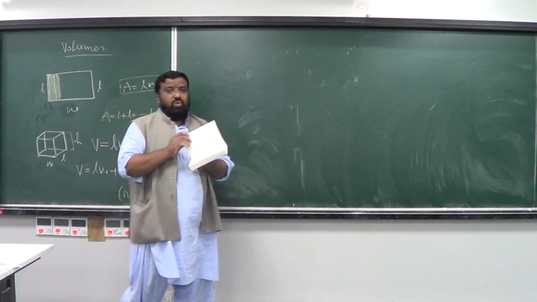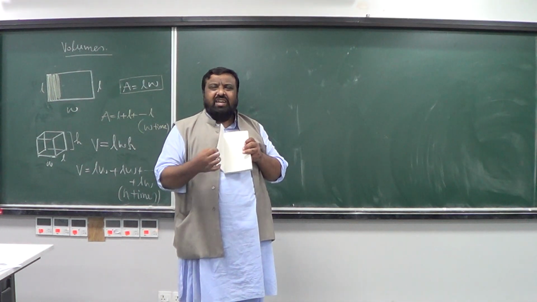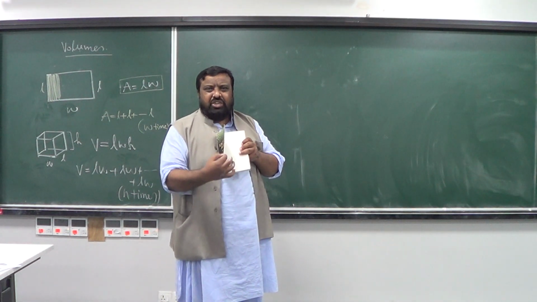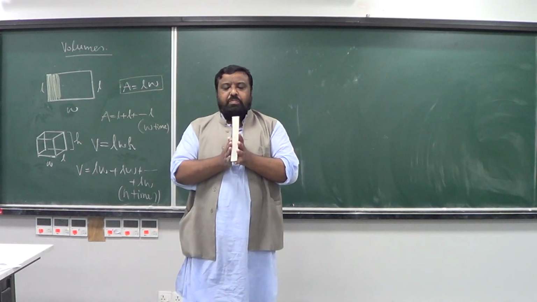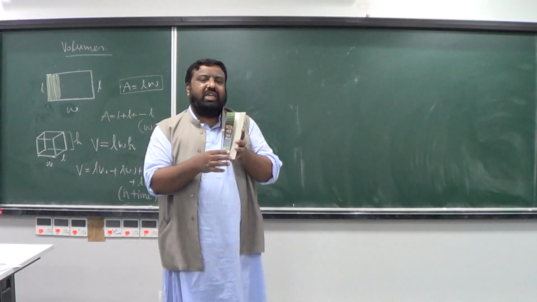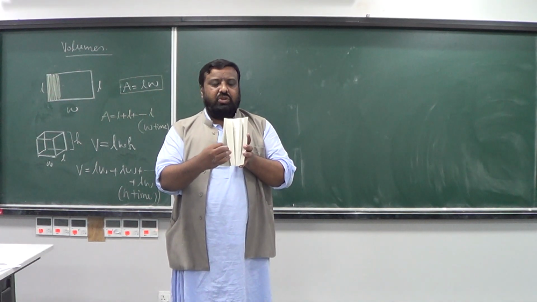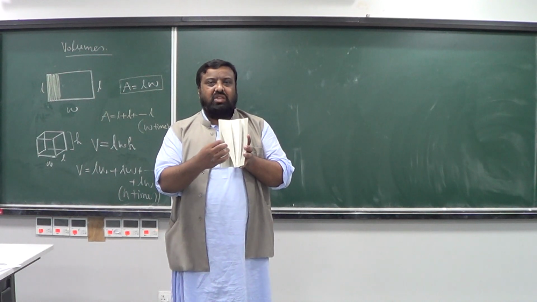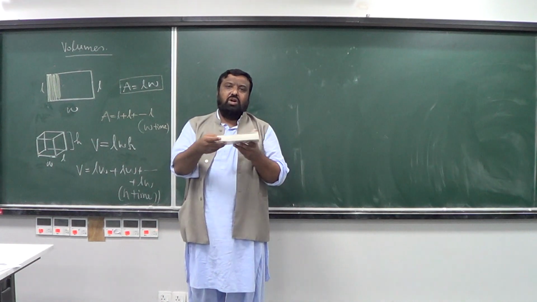Each page is like length multiplied by width and a unit of height. If you want to compute this net volume, you can add the volumes of all these pages to compute the volume of this entire box or the book.